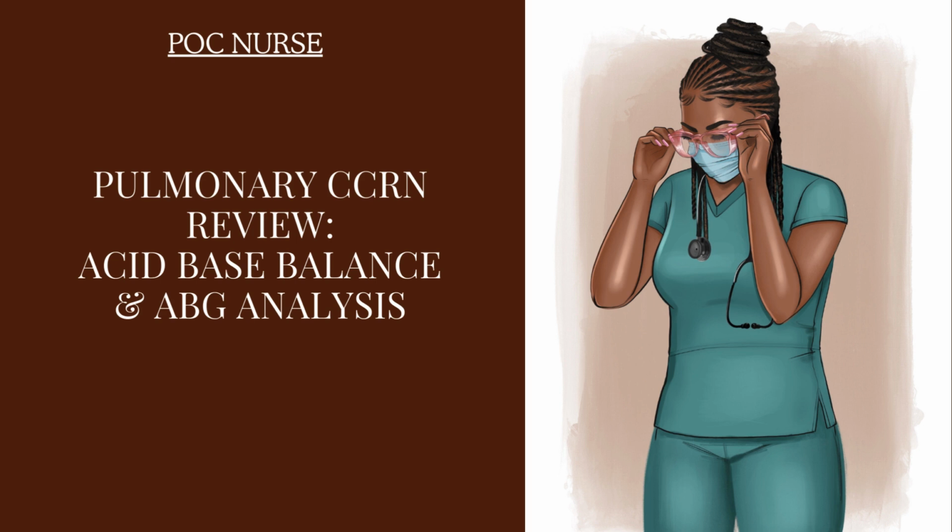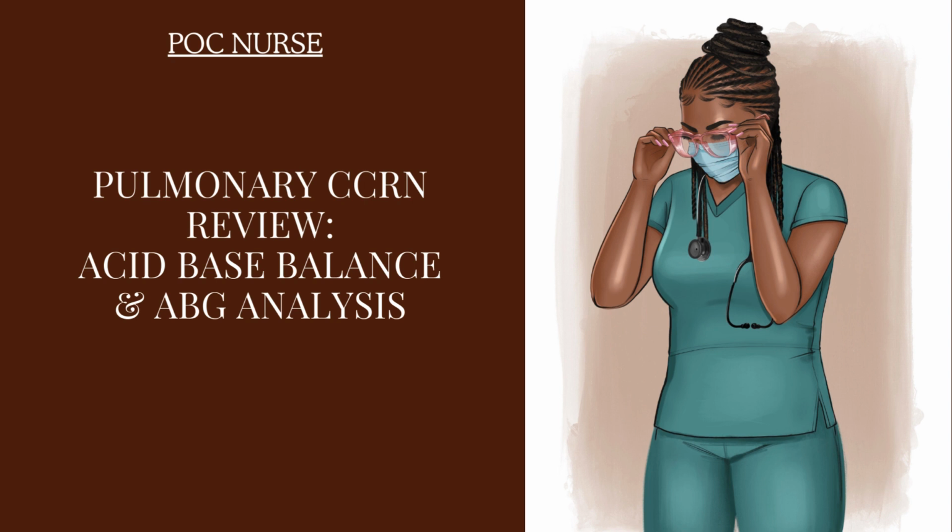Earlier, we talked about how we could also have mixed acid-base disorders. We could also have combined acid-base disorders. These are seldom seen, you might not have them on the test, but it's something that's good to know. When you have a combined acid-base disorder, it means we have the same abnormality going on.